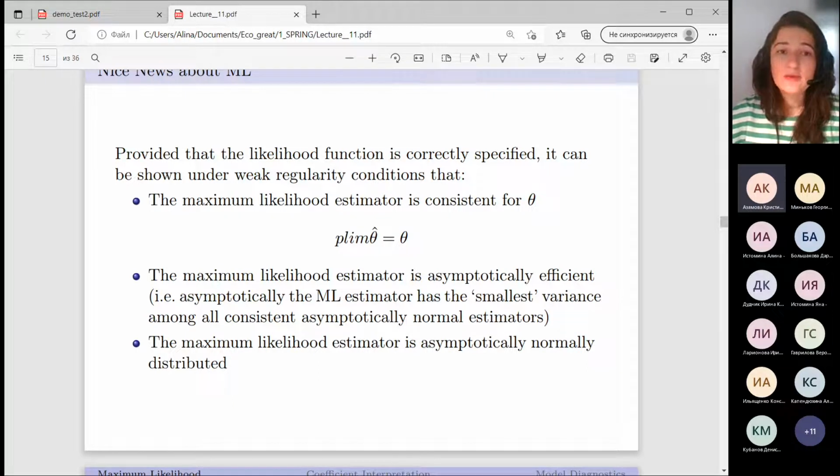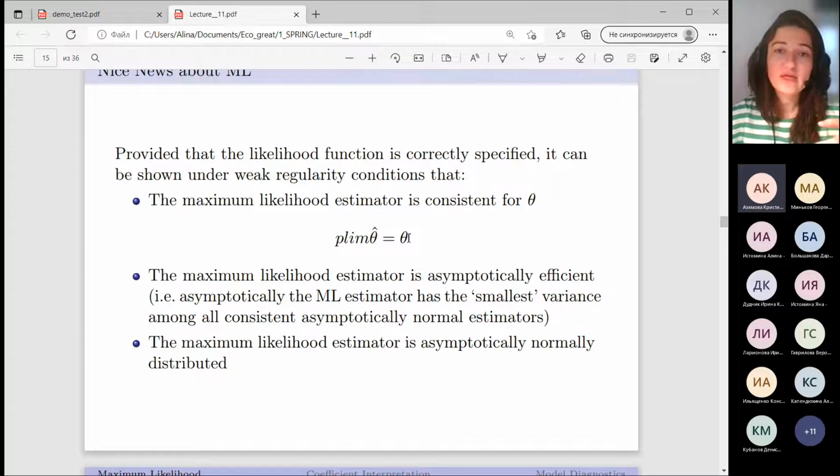The second one is that if you provided the likelihood function correctly and correctly specified your model, then the maximum likelihood estimator is consistent for the unknown parameter. What does it mean? It means that the probability limit of some estimated parameter theta equals the true parameter in the population.